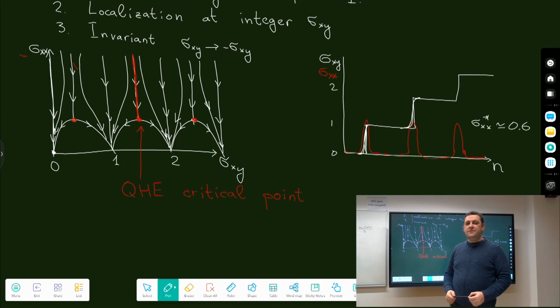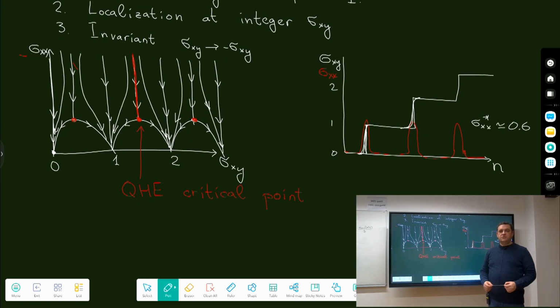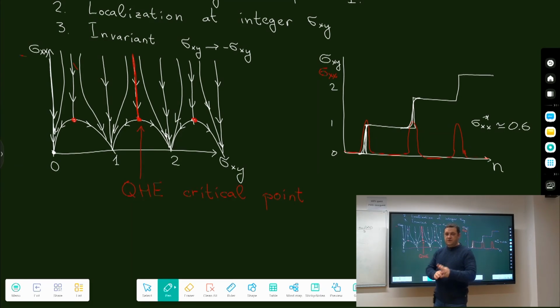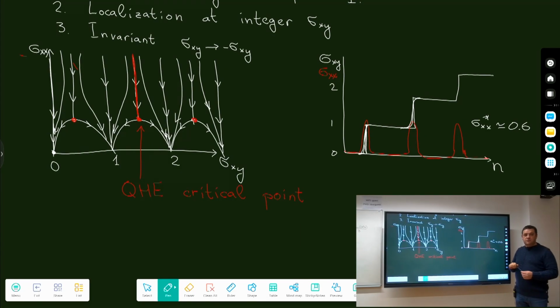Can you calculate the critical exponents from the sigma model? Actually, I cannot, and actually nobody can. Nobody can, because all the calculations within the sigma model that we did, which are weak localization corrections, were perturbation theory in large G, or in large sigma, so they all are correct somewhere far up on this plot. But for sigma close to 1, this perturbation theory doesn't work.